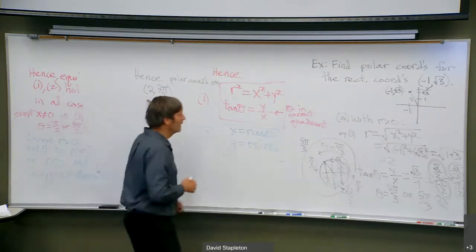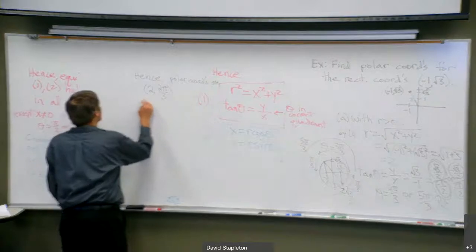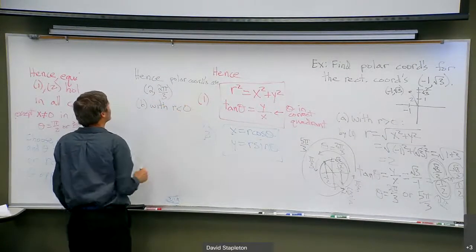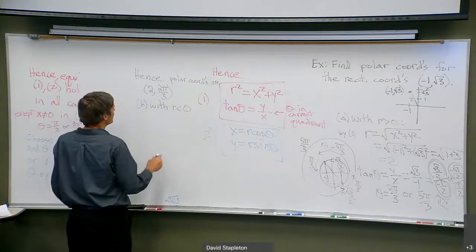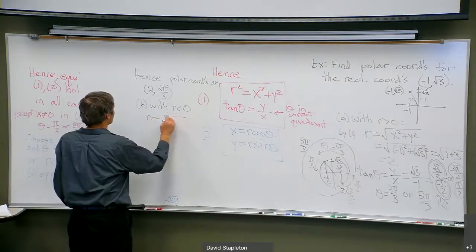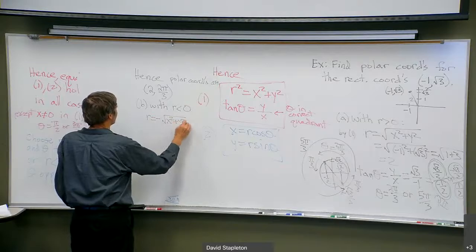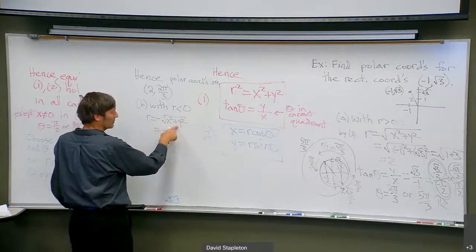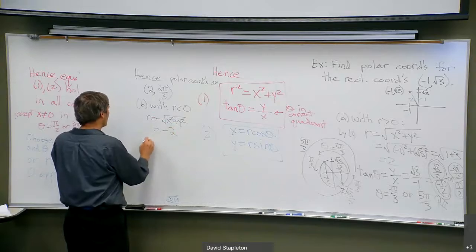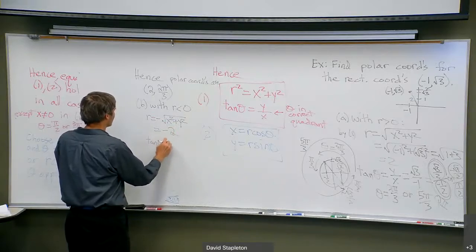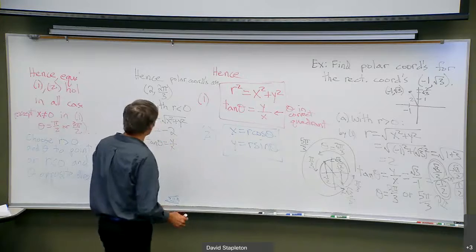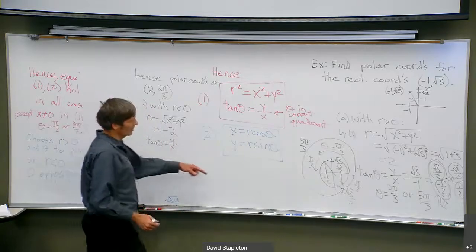What if we took now b, polar coordinates with r less than 0? Well, now we want to take r equal minus the square root of x squared plus y squared, minus the distance to the point. Now we already computed square root of x squared plus y squared is 2, so we just take r equals negative 2. We also have tangent theta equals y over x. It's the same thing, but now we want to go into quadrant 4, the opposite quadrant.